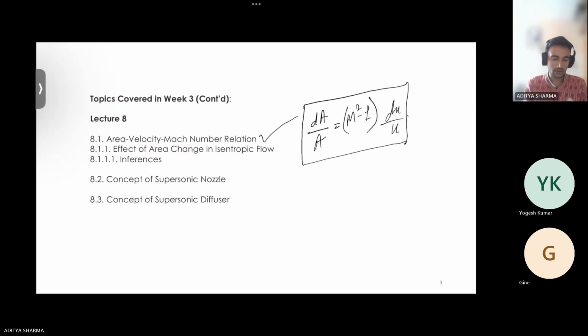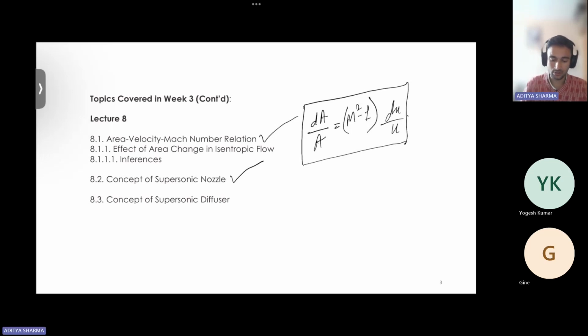After that there was the concept of supersonic nozzle. You want the flow to be supersonic as it exits your nozzle. Any type of nozzle it may be, you just want your flow to speed up.